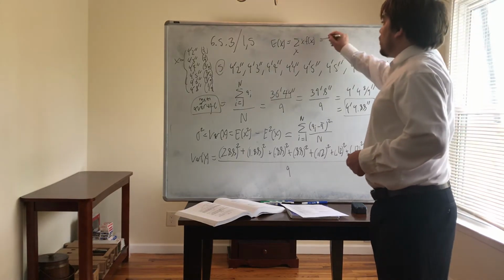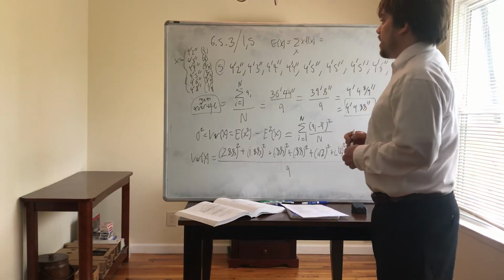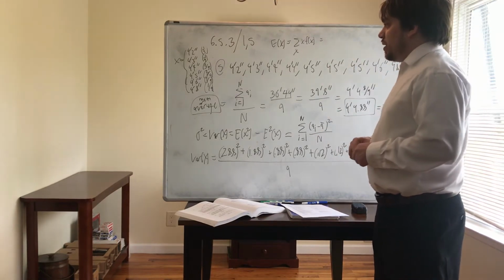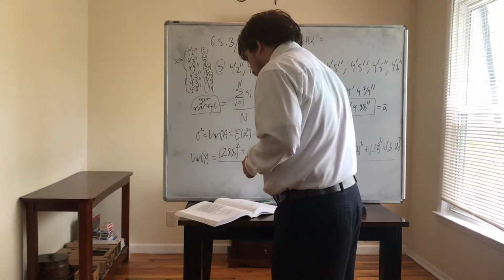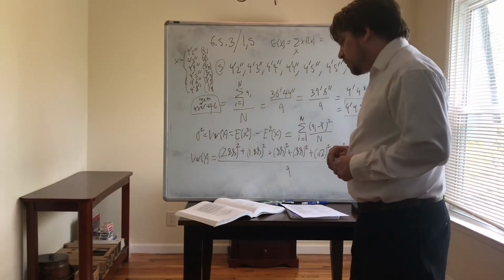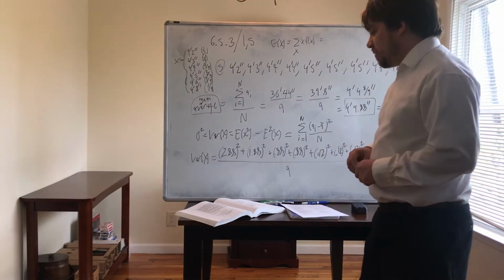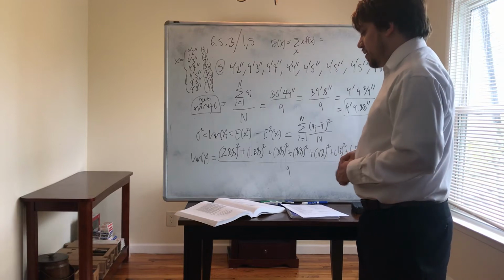So you would just take each of these values of x, multiply by those probabilities, and add them up, and you would get E of x. That would be the average height, the expected value for height. So that would be E of x and the variance of x of the set of heights, and it would also be just the mean and variance of the heights of the children selected.